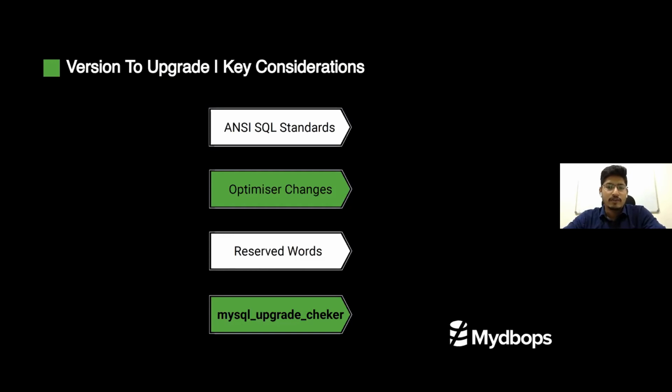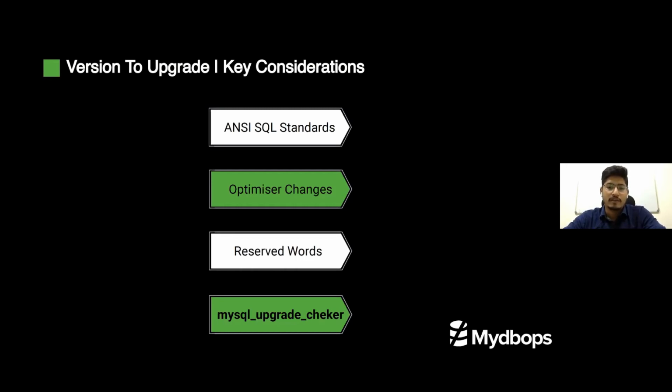And with 8.0, we have a larger number of keywords introduced into MySQL. Some of the column names that you're using in the current version may be reserved in the 8.0 release, so it is wise to have it checked before we upgrade. Whatever I have called out so far are the very key changes, and there are more compatibility changes we need to check.